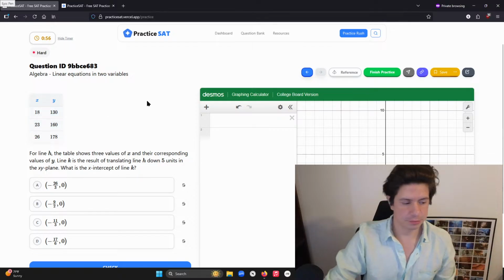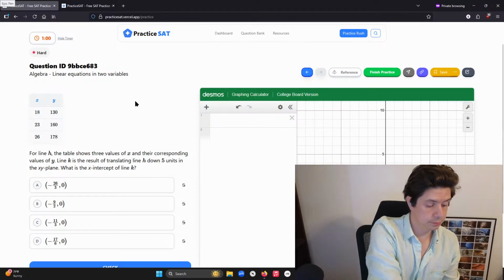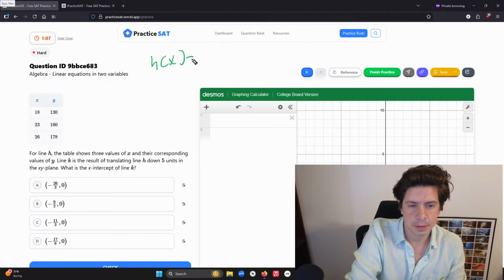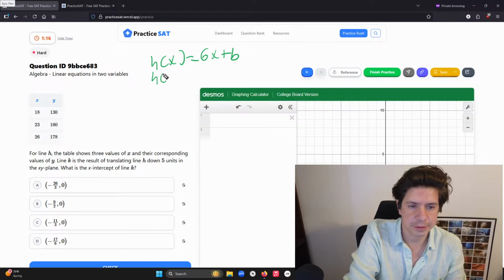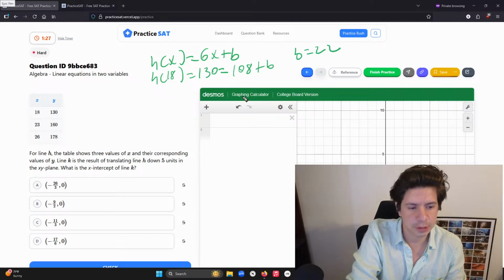So h of x equals 6x plus b. We could plug in a value and do something like 18. So we'll do h of 18, which equals 130, which equals 6 times 18, which is 108, plus b, so b equals 22.